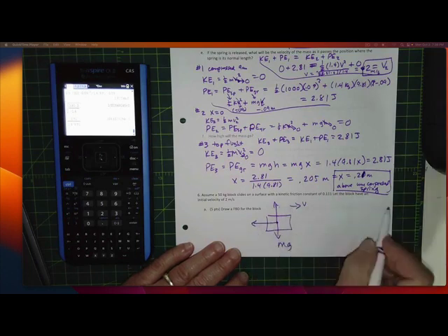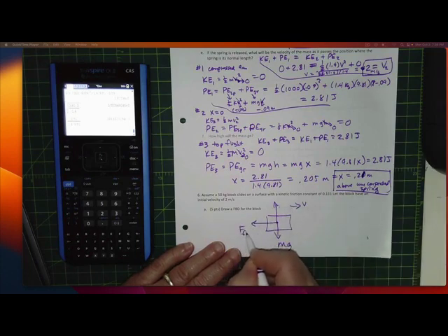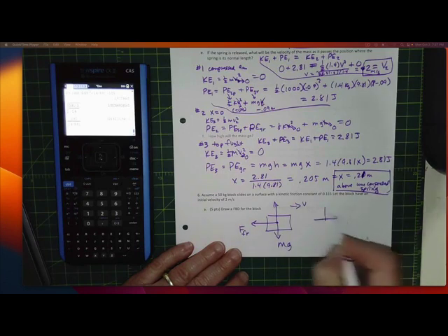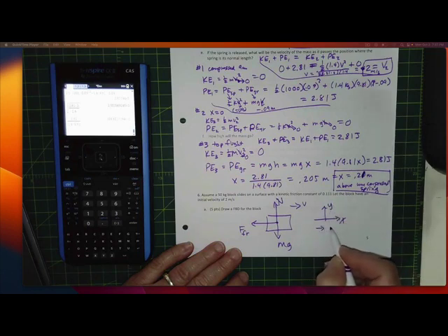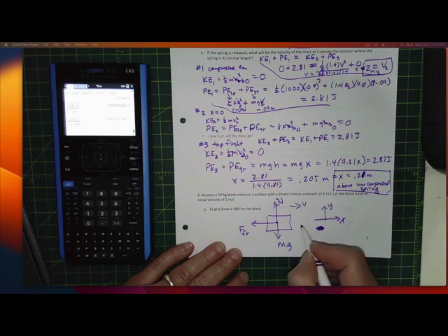Friction always has to go the opposite direction of the velocity. That's why it's good to go ahead and draw the velocity on there. We've got our x and y.